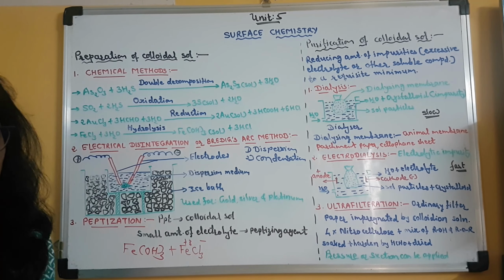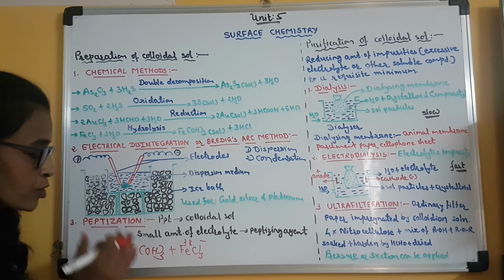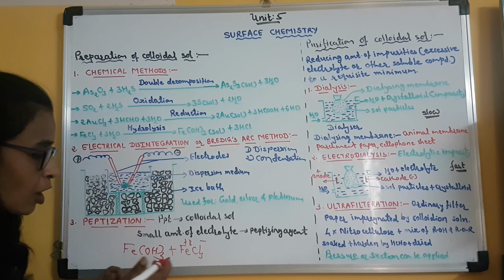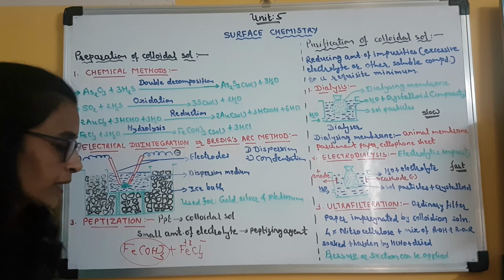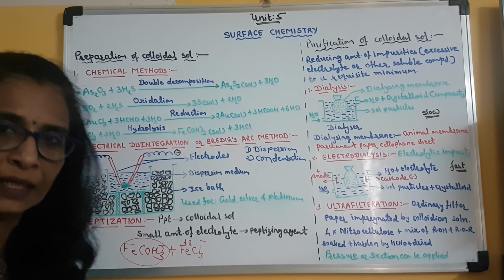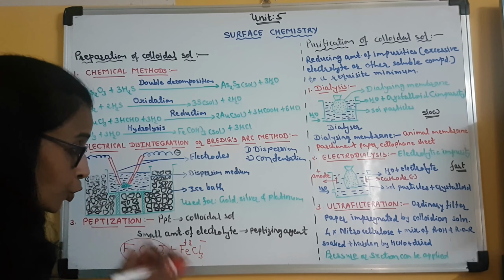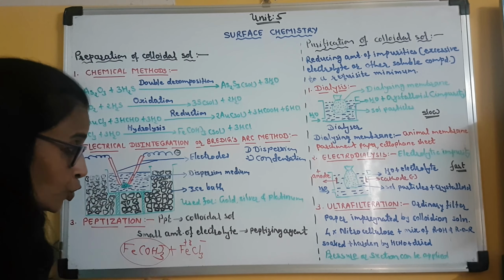any of these ions of the electrolyte. If it absorbs a positive ion, then these precipitates will become positively charged. And if the precipitates absorb a negative ion, that is chloride ion, on their surface, then the precipitates will become negatively charged. Due to the addition of the peptizing agent, freshly prepared precipitates get converted into positively charged particles.